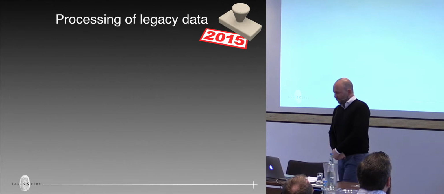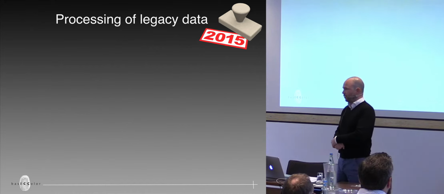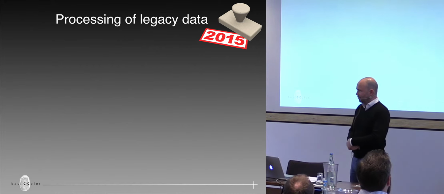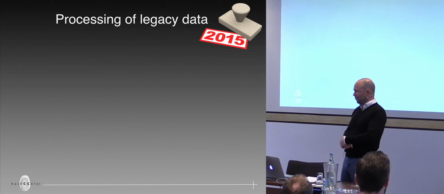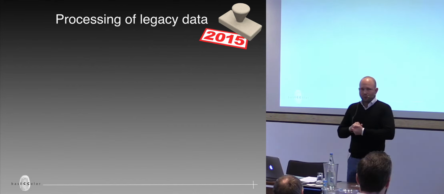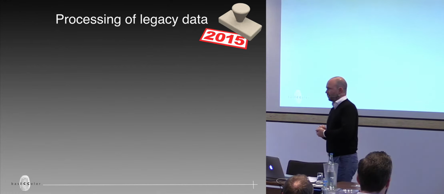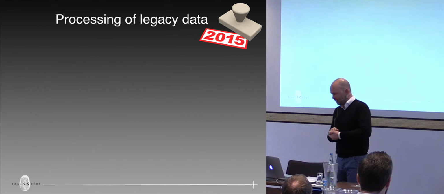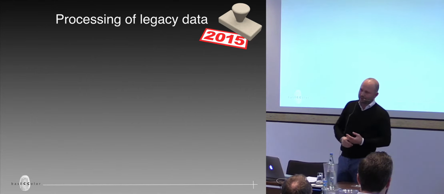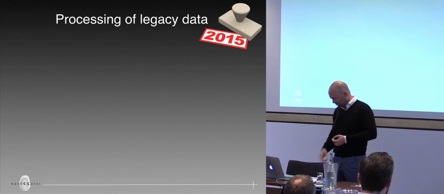One thing is processing of legacy data. As you probably have heard, we have a new standard for offset printing. For a few years, it's been PSO coated version 3, which is based on the FOGRA 51 characterization data, and the older standard is FOGRA 39, which is ISO coated version 2.